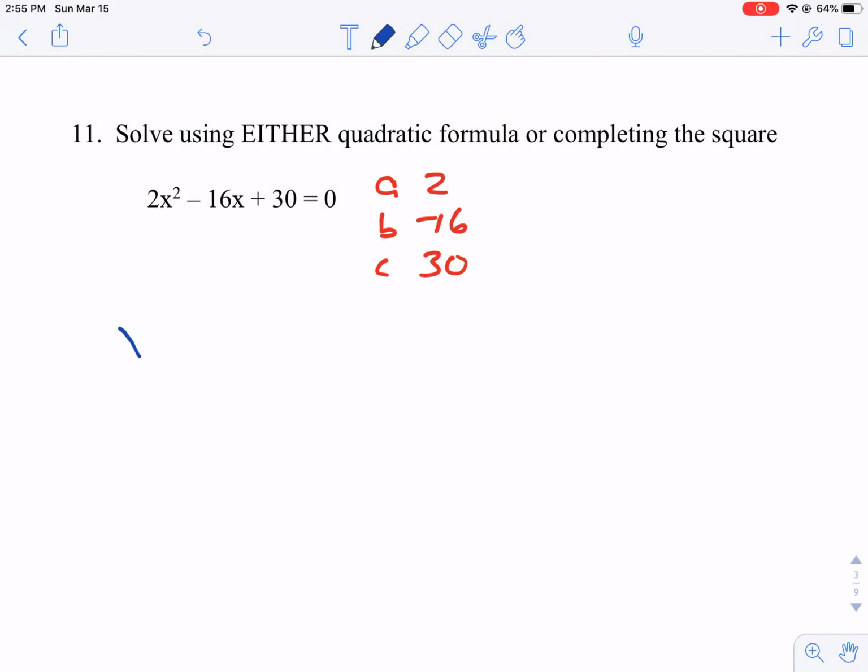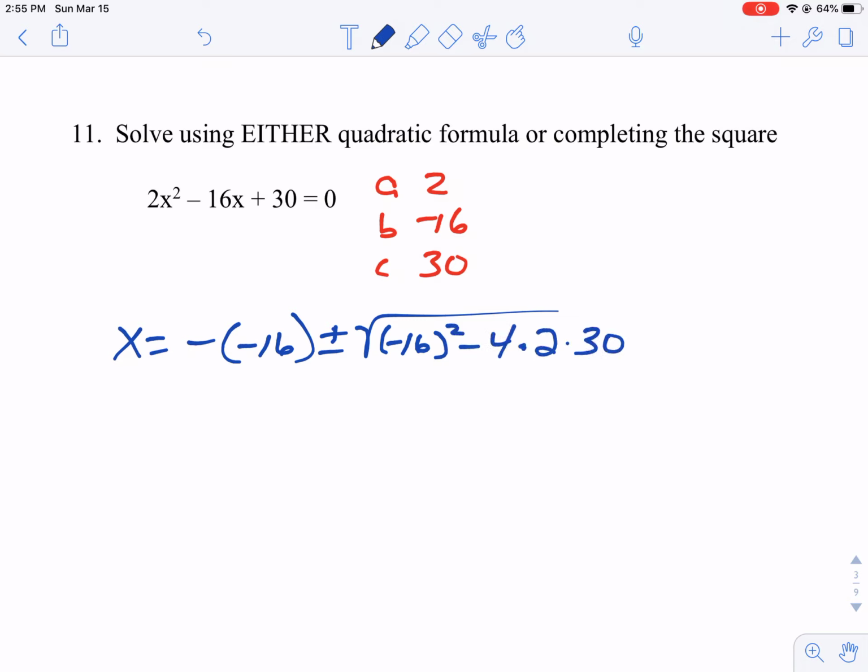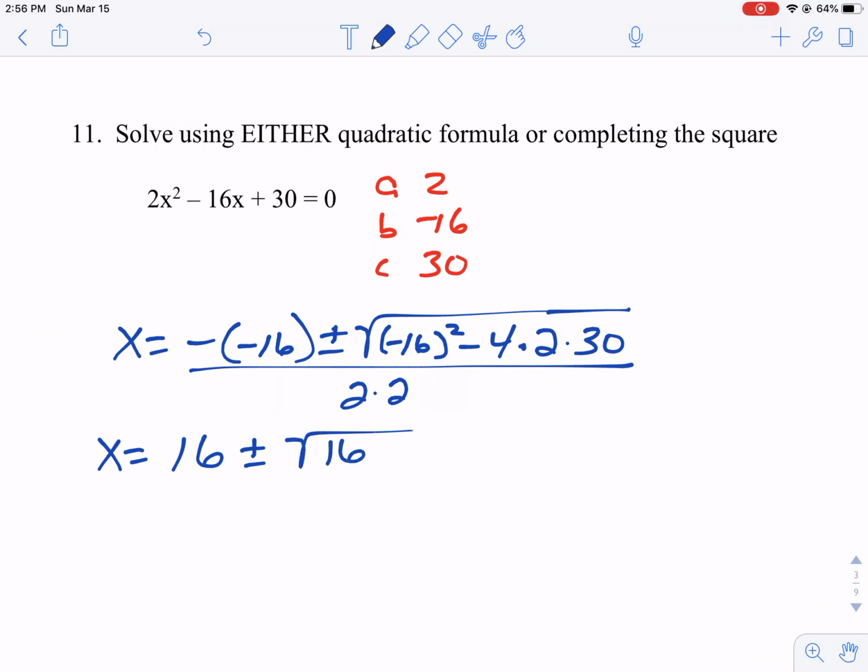All right, anyway, x equals negative negative 16 plus or minus the square root of negative 16 squared minus 4 times a times c, which is 30, all over 2 times 2. So positive 16 plus or minus, type it in here, and we get a 16 underneath the square root. 2 times 2 is 4.